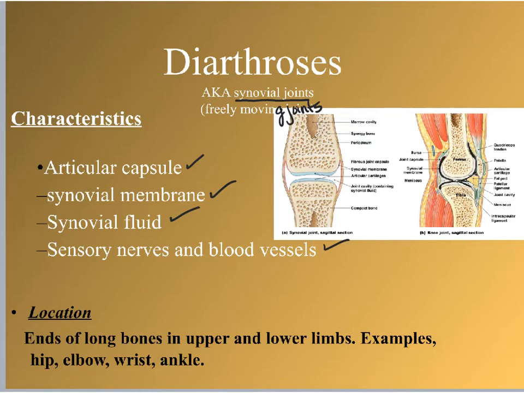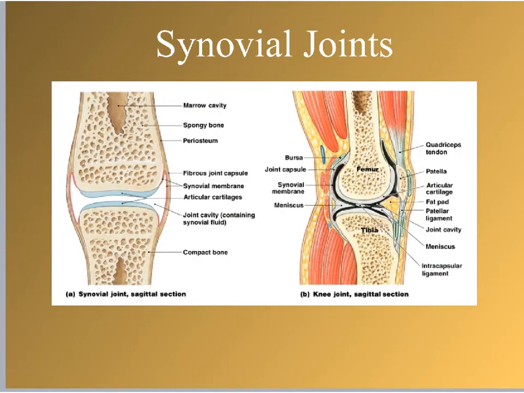Let's have a look at a larger picture of a synovial joint. And over on the left, you are seeing just a really basic drawing of the joint without the musculature and subcutaneous tissue. And then over on the right, you see everything kind of all at once.